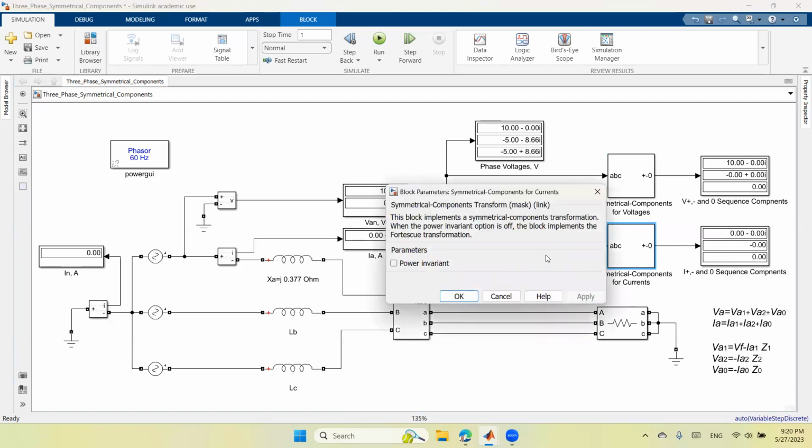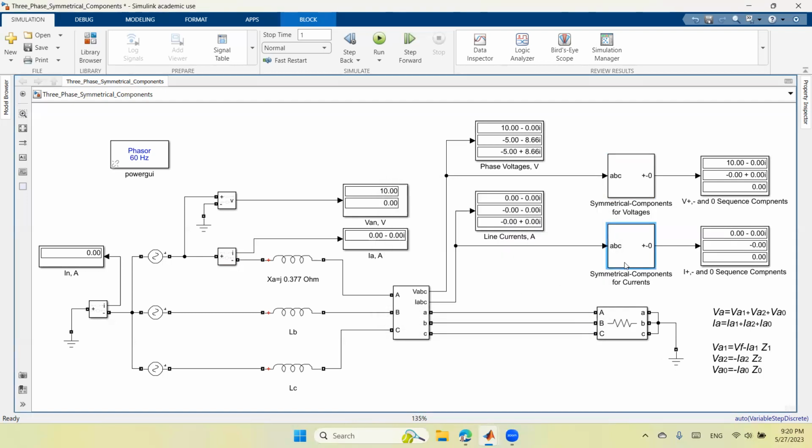Again, here by default, it will show you in a complex format, so it will give you rectangular complex format. And here I have some formulas just to recall what formulas we are dealing with. So the voltage in any phase, so in phase A, will be VA1 plus VA2 plus VA0. And we know that these symmetrical components are for phase A. And we know that IA, which is this current measured here, will be the sum of the three components IA1, IA2, IA0.